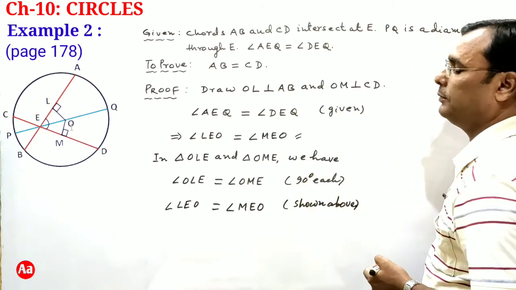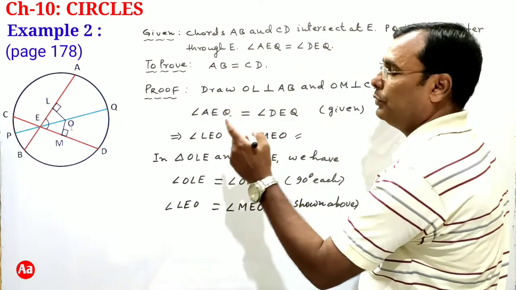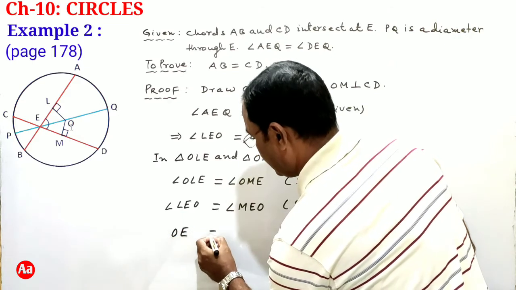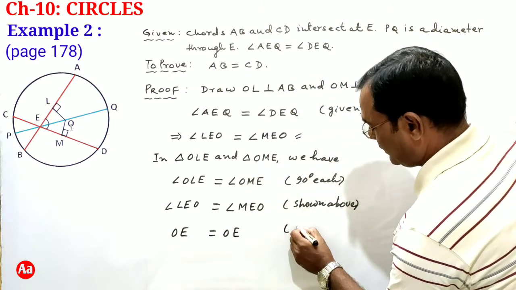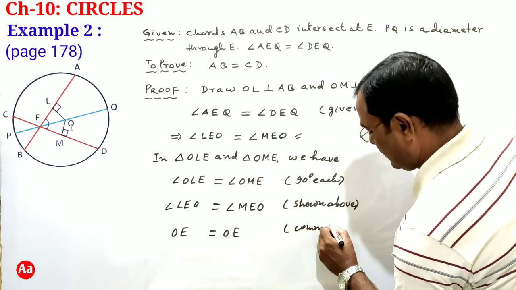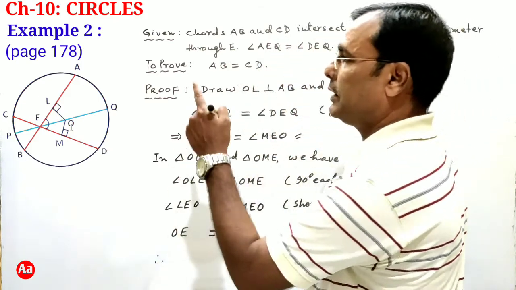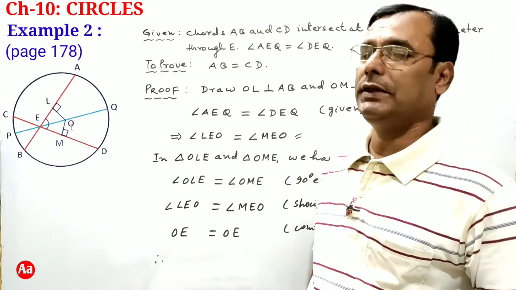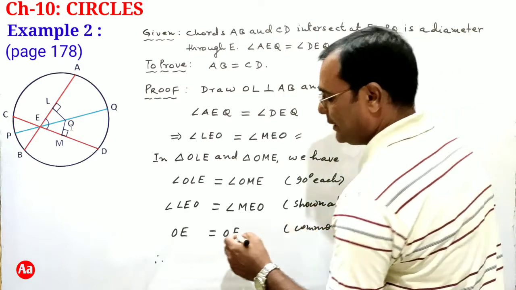OE is equal to OE, common side. Therefore, triangle OLE and triangle OME are congruent by angle side rule.